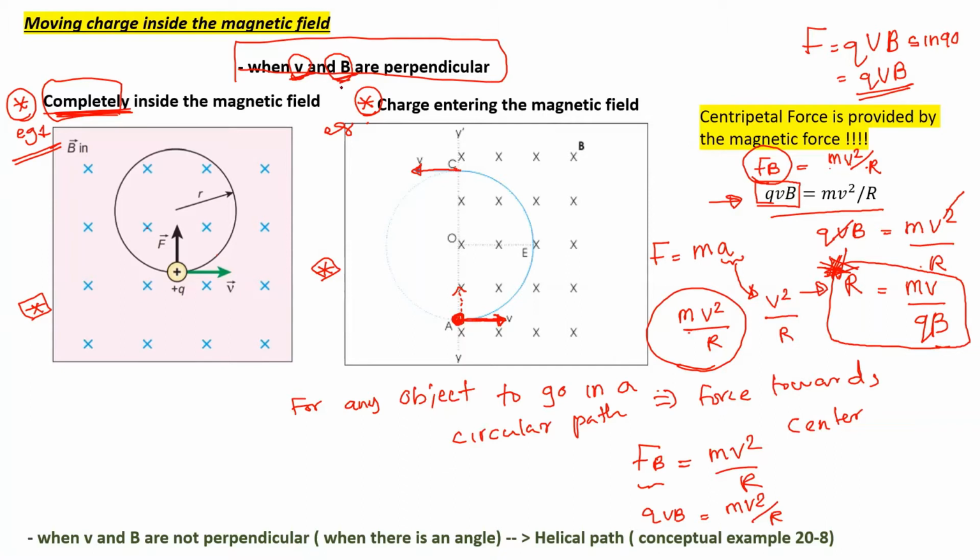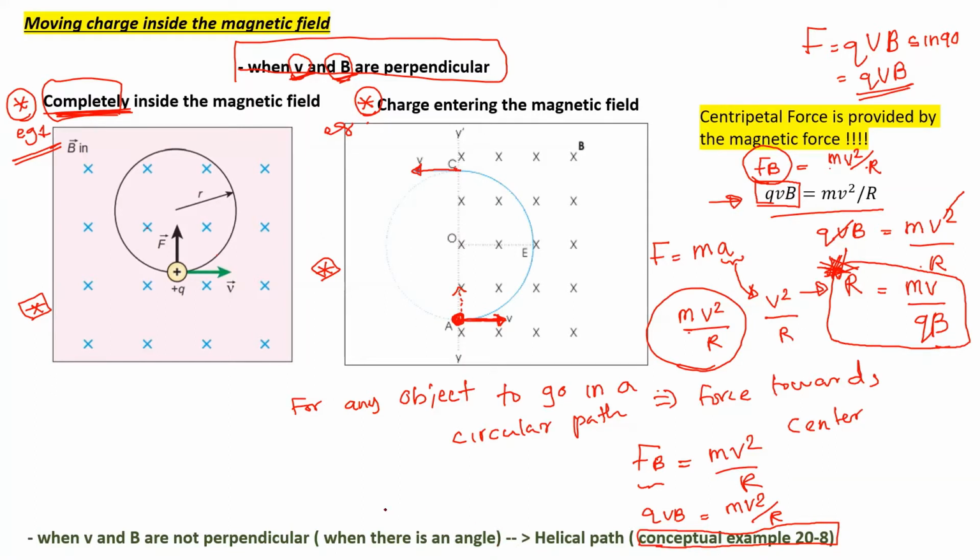What if it came with an angle? They might not ask you problems with that, but they can ask you conceptual problems. If you check the textbook's conceptual example, inside the chapter, not the question side, it's an example.